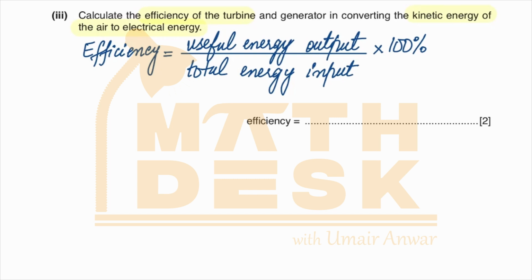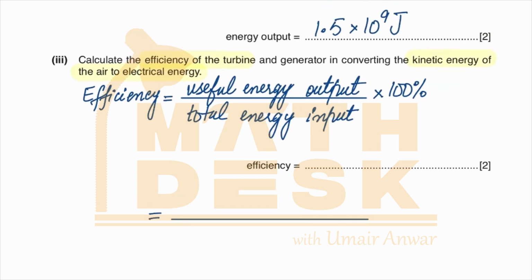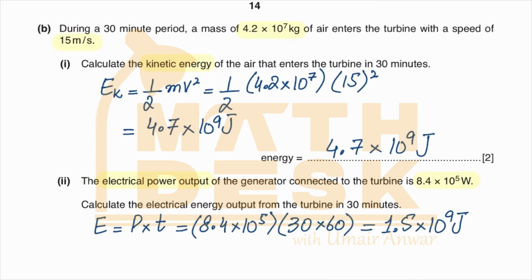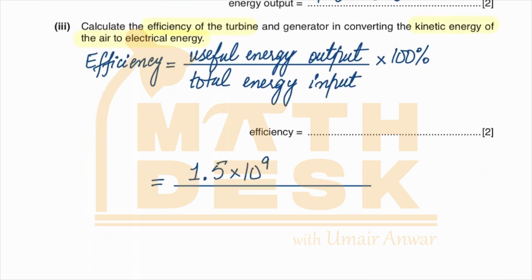So the kinetic energy which we calculated would be the total energy input for the turbine and the generator, and the useful energy output is the one we just calculated in the previous part. So I am replacing it as 1.5 × 10^9, and the total energy input was 4.7 × 10^9.